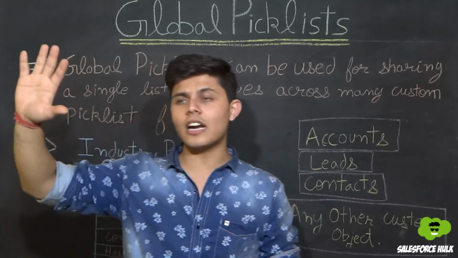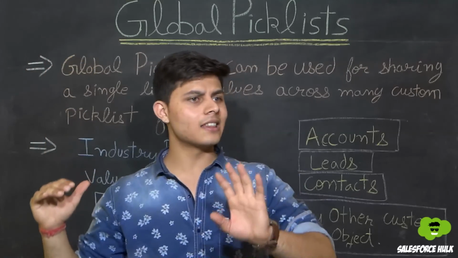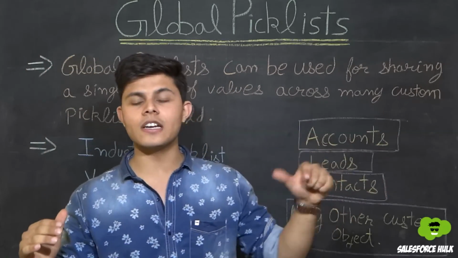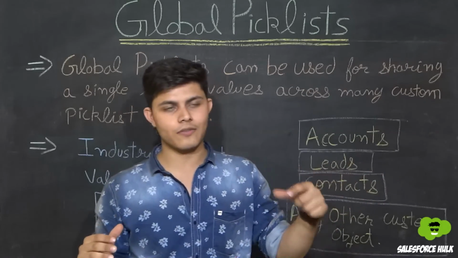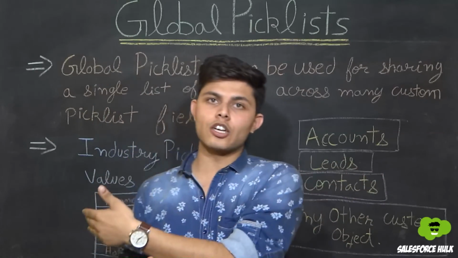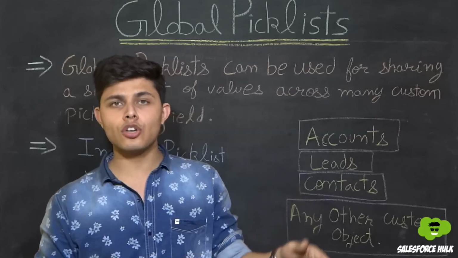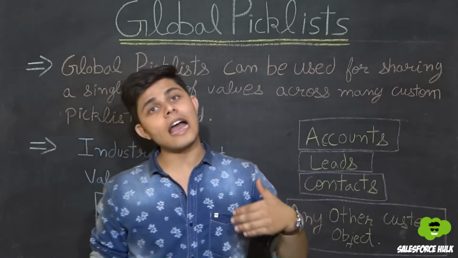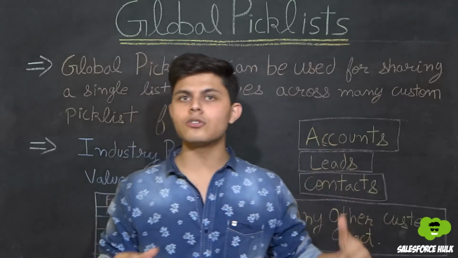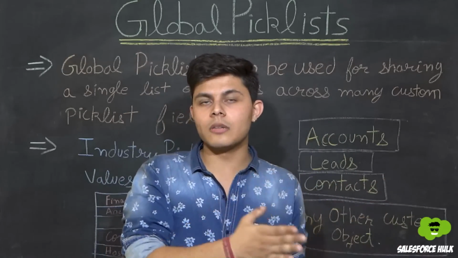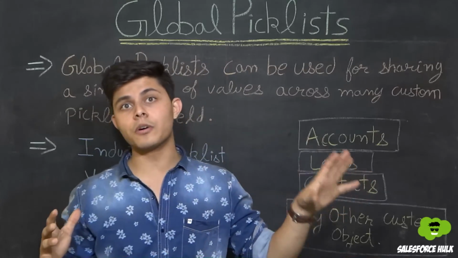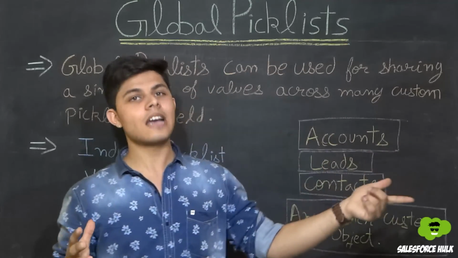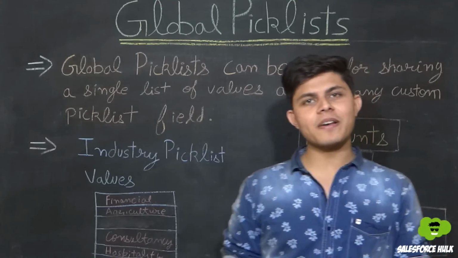In that situation, the master administrator will create a global picklist, and the administrators or developers who are creating that field will simply create a picklist field and use that global picklist value set in that field, so they don't have to worry about any of the values, and they do not actually have the control to edit the values. The values can only be controlled by the master administrator, not by the developers or administrators who are creating that field. And that's all about global picklist value set.